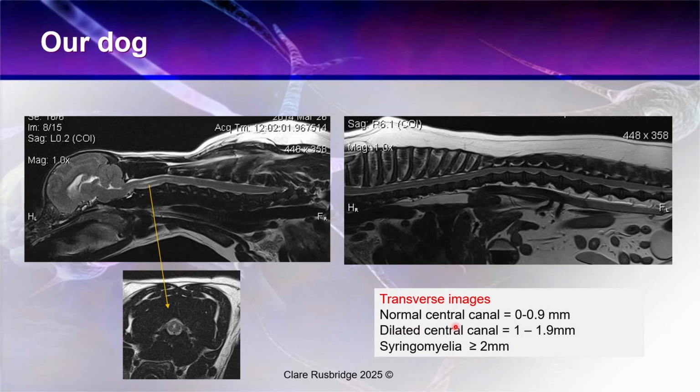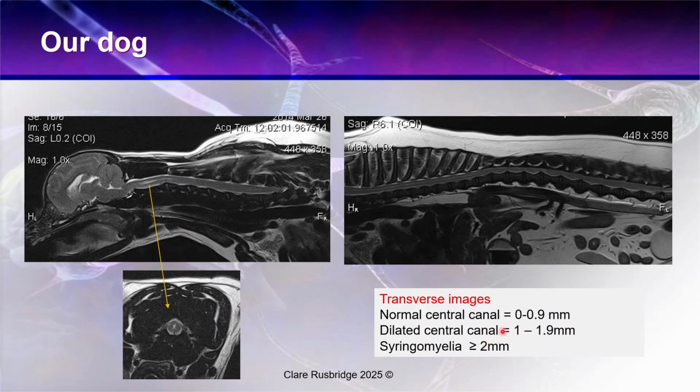But a dilated central canal is definitely present if it's greater than 1 millimetre, and the official definition is when it's greater than 2 millimetres. The cutoff between dilated central canal and syringomyelia is a little bit arbitrary.